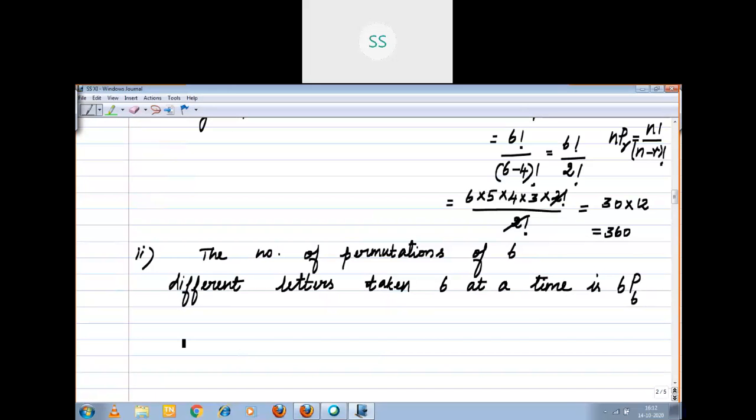Because they said all letters are used at a time. So 6P6, which is equal to 6 factorial.